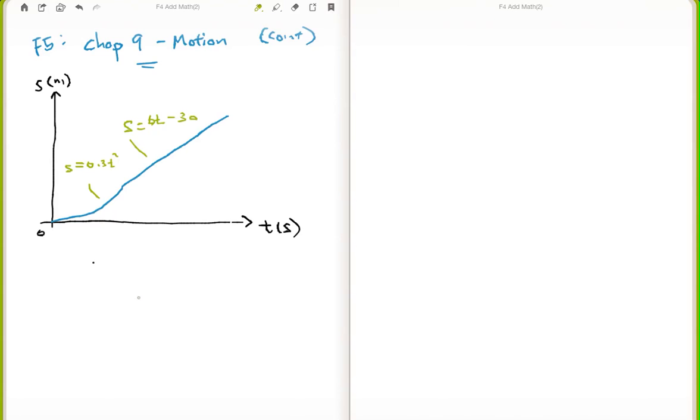So when my time is 10, displacement is 30. But when my time is 30, if you substitute it into this equation, my displacement would be 150. Okay? Alright.